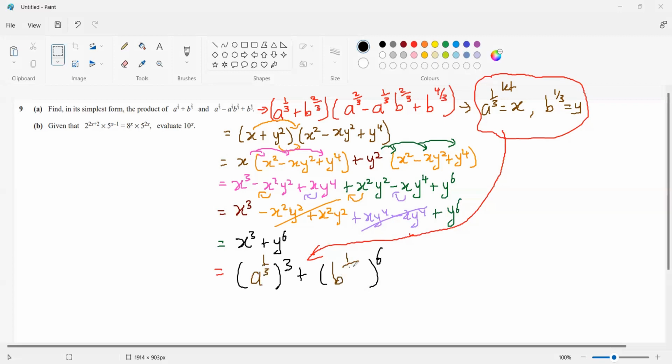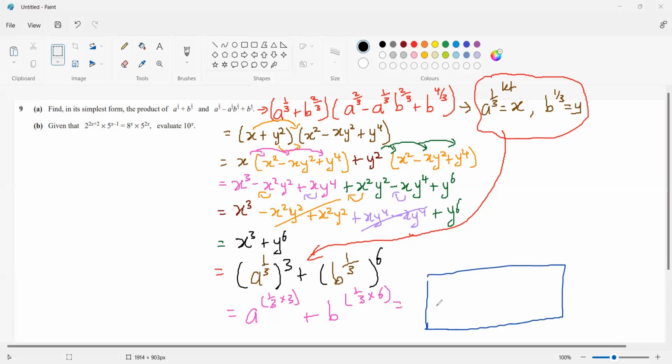This is b to the power of 1/3, because the y is there, like that. Now we realize we just need to simplify the powers likewise. A to the power of 1/3 times 3, plus b to the power of 1/3 times 6, from which we deduce the final answer as a plus b squared. So that's the answer, a plus b squared.